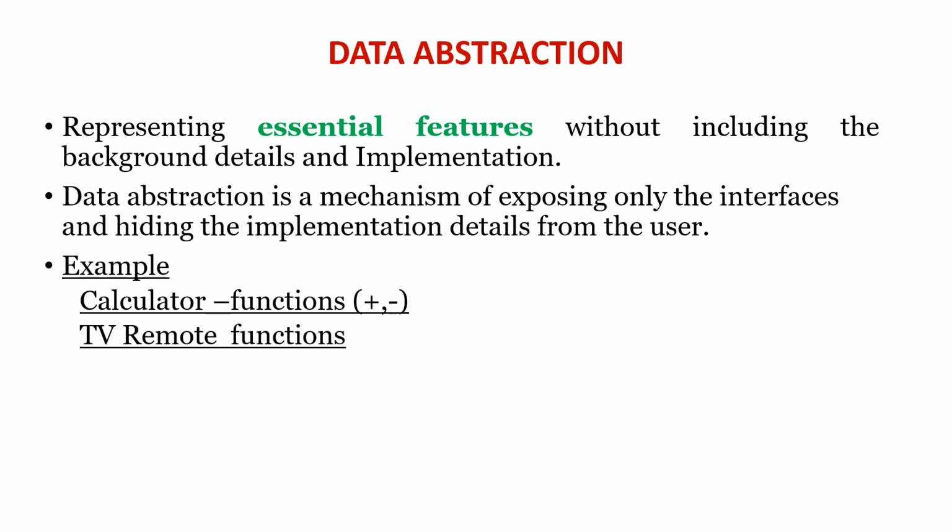If you press the plus button, the numbers will be added, but we don't know how it is implemented, right? This is called data abstraction. It shows the essential features needed for the customer, and hides the background implementation details.